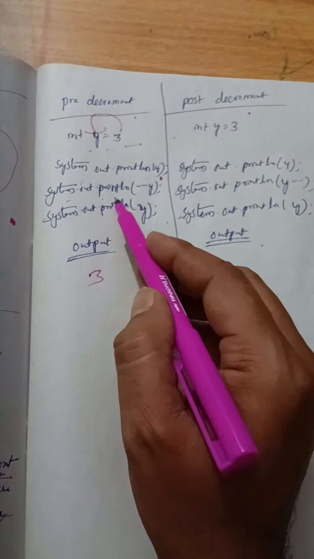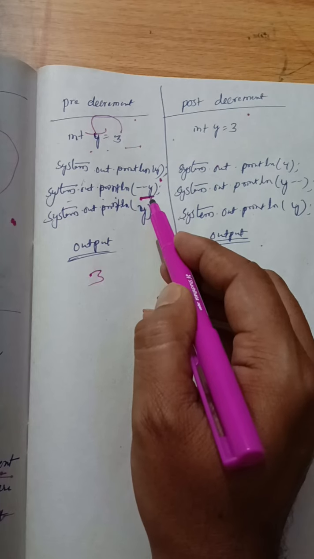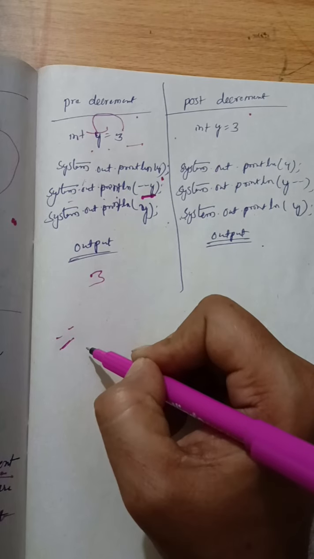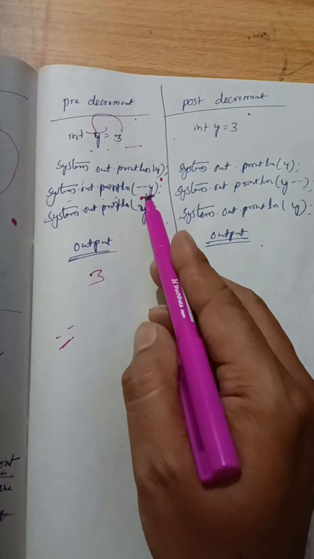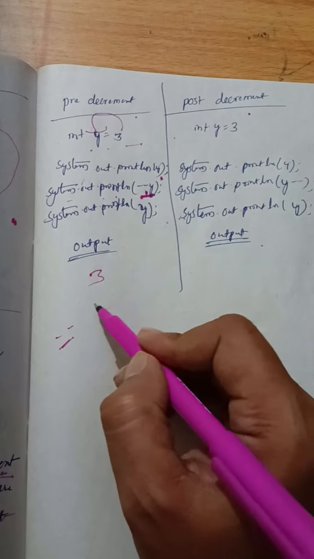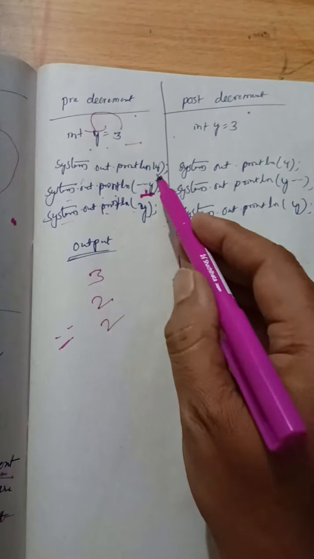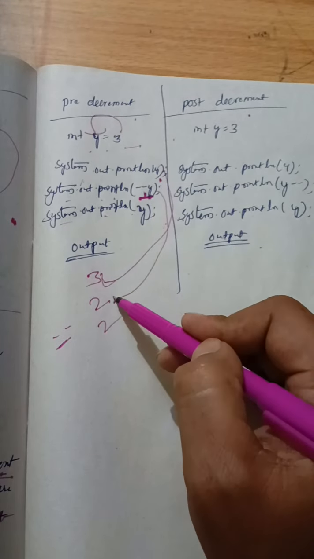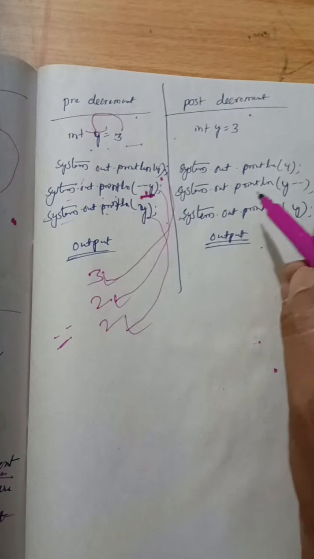Now System.out.println(--y). The minus symbol means decrementation. First the decrementation is done, giving 2. Here System.out.println also prints 2.